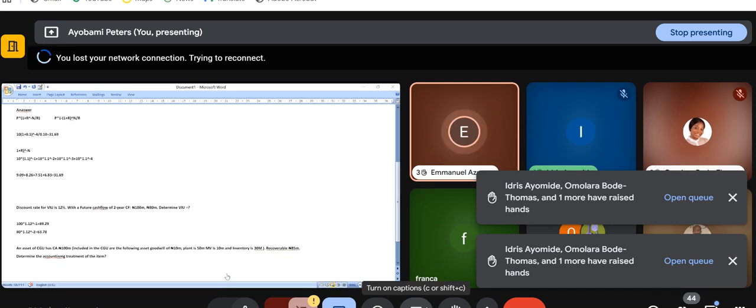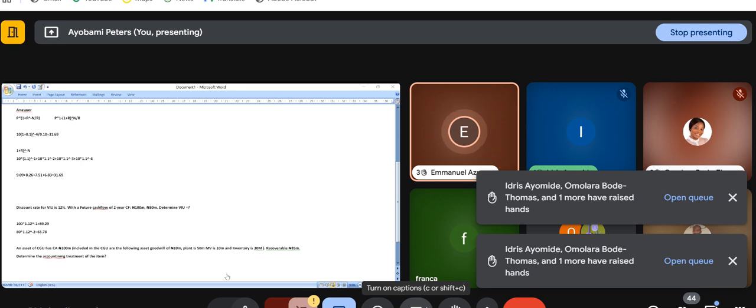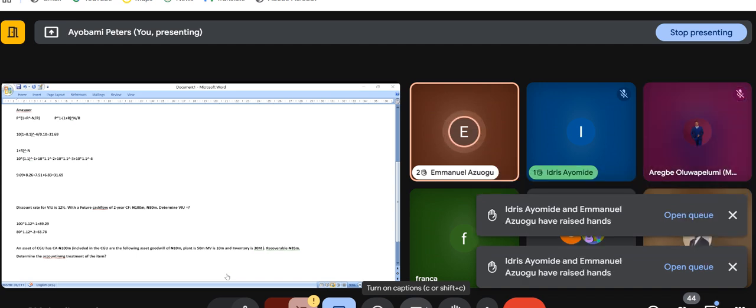So we are going to have 60 million, since motor vehicle 10 million plus plant 50 million gives us 60 million. If we remove the recoverable amount of 55 million, we will now have 5 million as impairment. Then if we remove it from goodwill, there won't be any amount to be allocated.